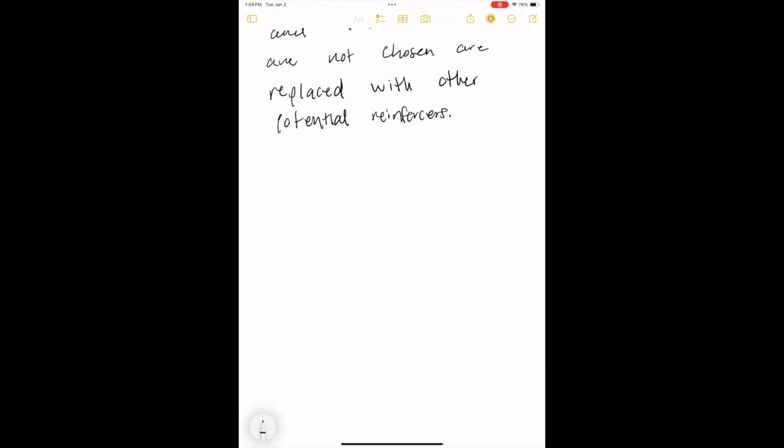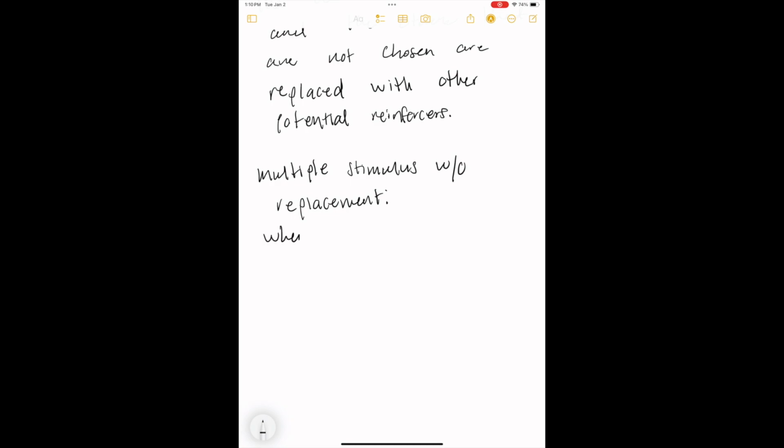And then there's multiple stimulus without replacement, which is the same. So there's going to be an array again.